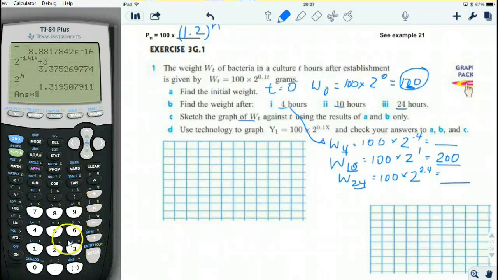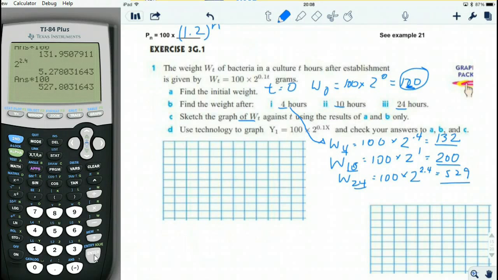I'm going to multiply that times 100, and I'll get 131.95. 131.95 is 132, right? 2 to the 2.4 is 5.27. I'm going to multiply by 100. 529.